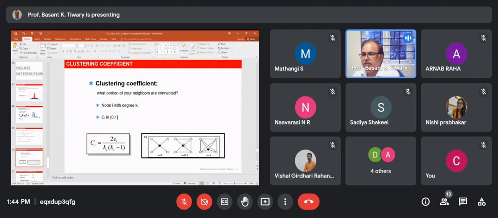Here some of them are connected, some of them are not, so it is 0.5. And here all neighbors are connected, and therefore the clustering coefficient is 1. Okay, I hope it is clear to you.